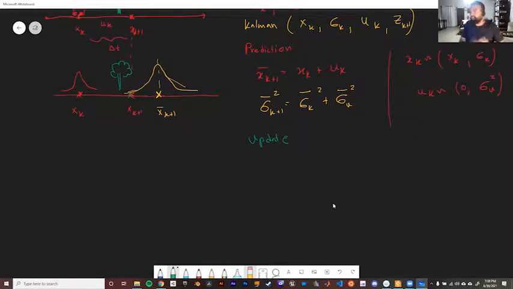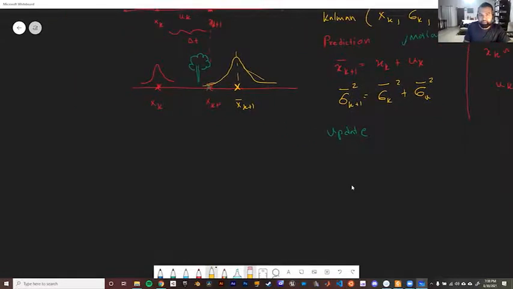So in the update step, this was the motion model. We have to look at the observation model. In the observation model, what we're saying is, where is my observation given where I am at the moment. So your observation model is zk plus 1 equals xk plus 1 plus, again, some sort of noise.